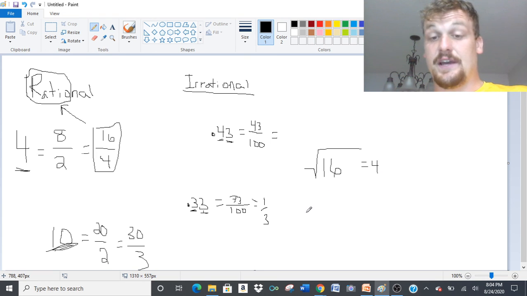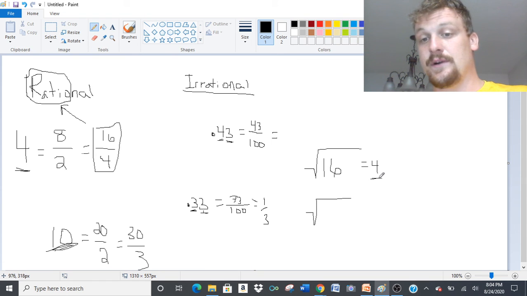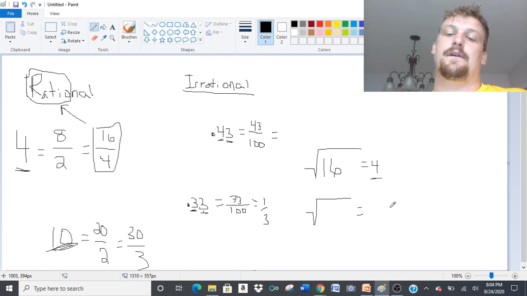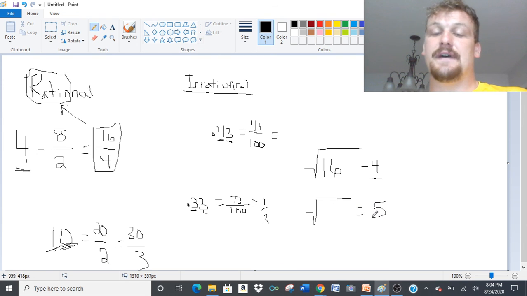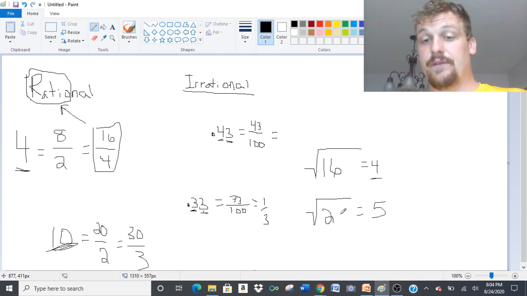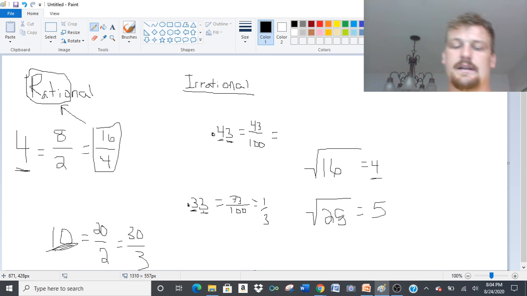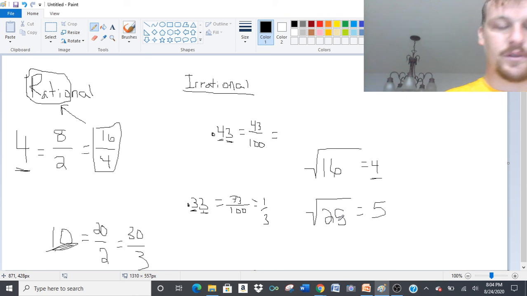For the next perfect square, I would use 5. 5 times 5 is 25, so the square root of 25 equals 5. It's kind of just working backwards and forth on each other.